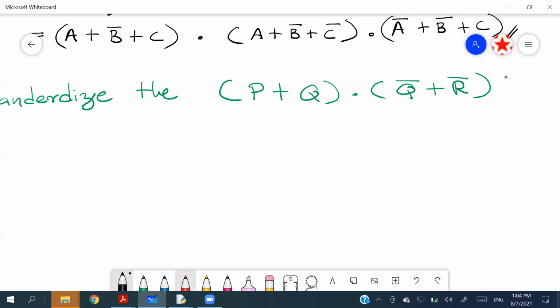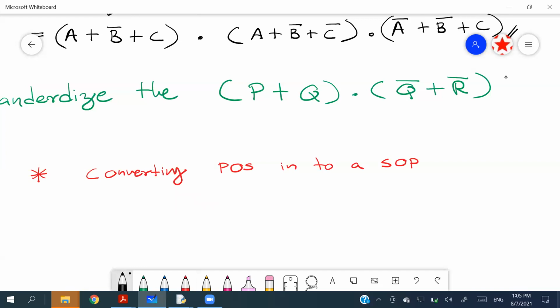Right, so now first I'm going to talk about POS into SOP conversion because it is easy for us to understand. Converting a POS into a SOP, right?